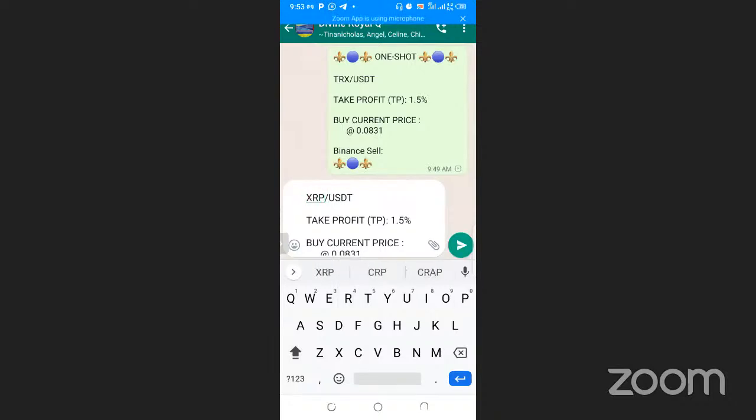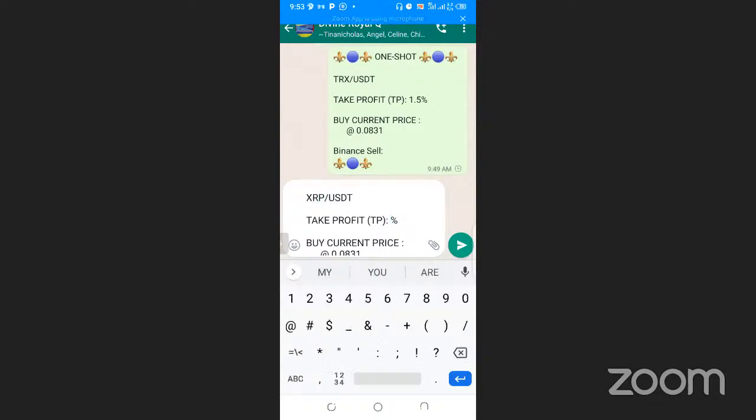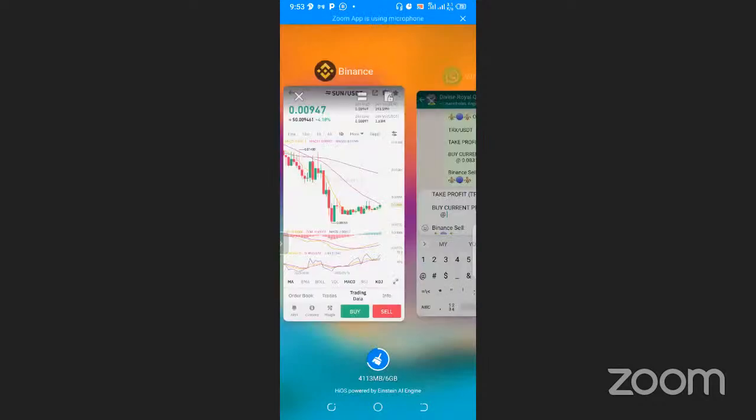XRP. And what will be our take profit? Just only 2%. Just only 2%. And what is the current price?